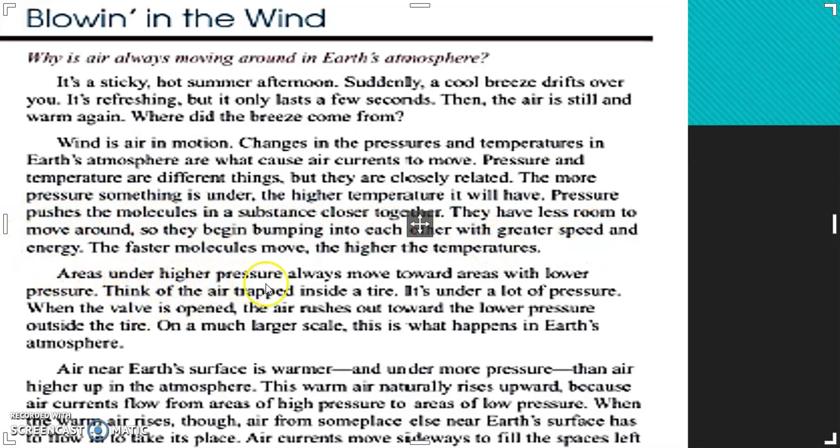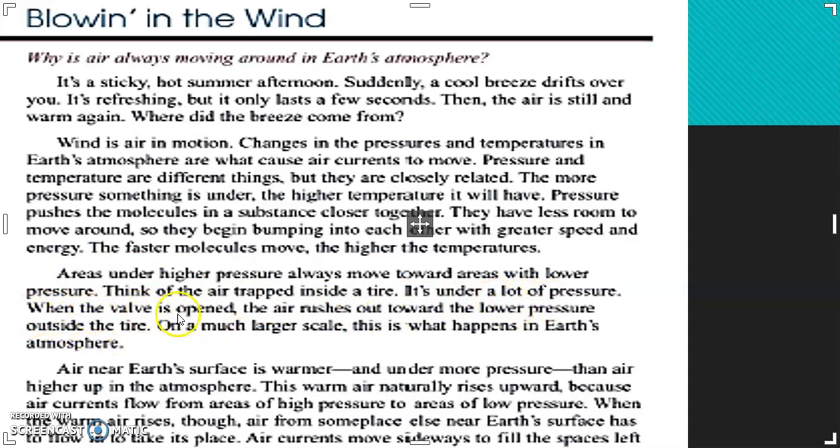Areas under higher pressure always move toward areas with lower pressure. Think of the air trapped inside a tire. It's under a lot of pressure.